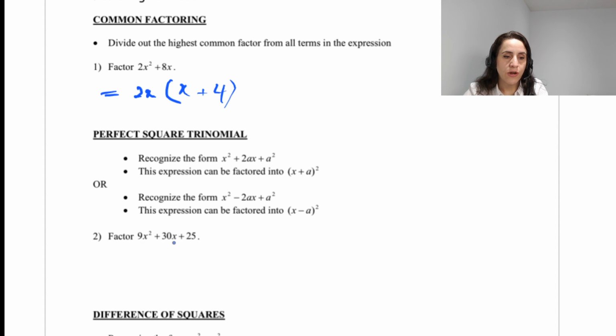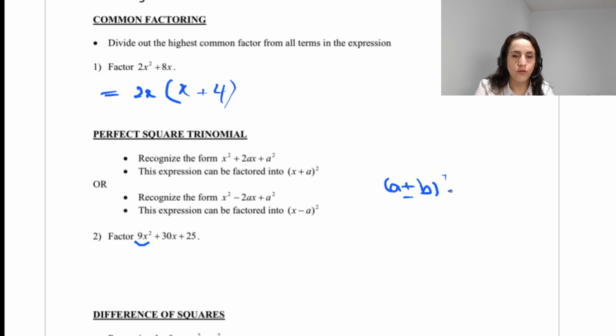Now we want to try this example. I know that there are three terms here. I have 9x squared. I can easily write it as a plus or minus b in short form.